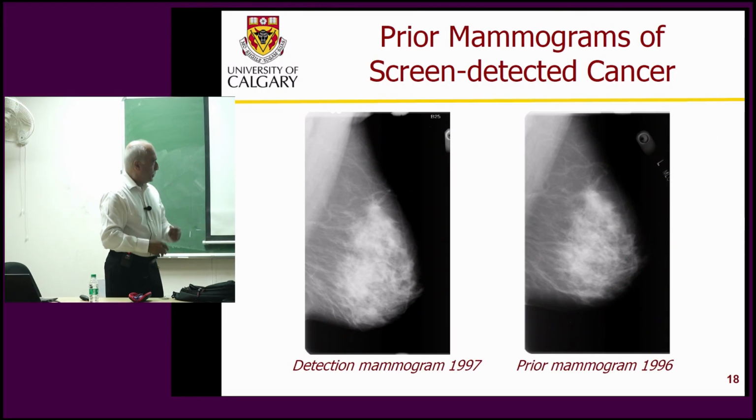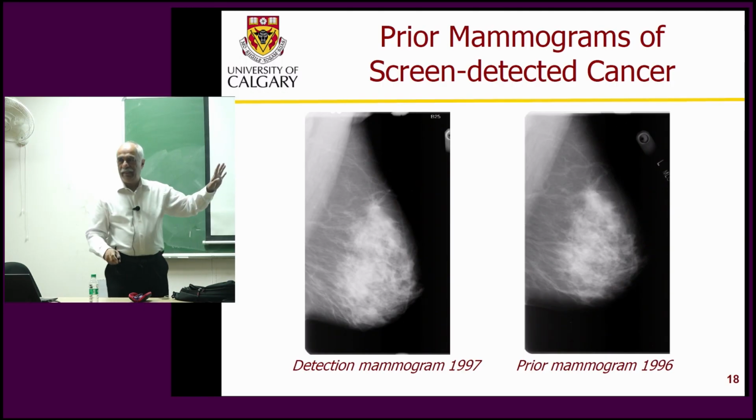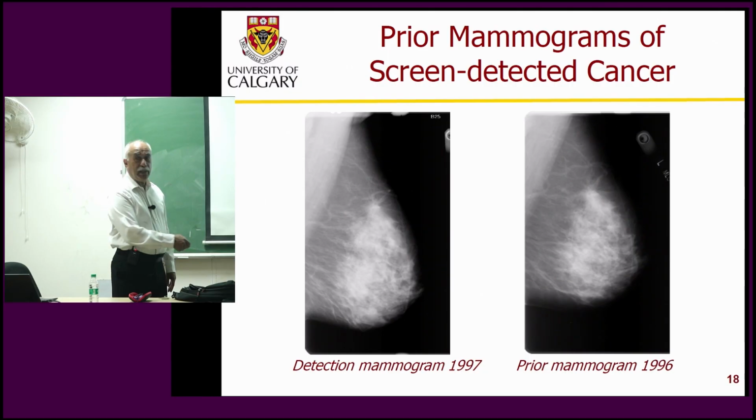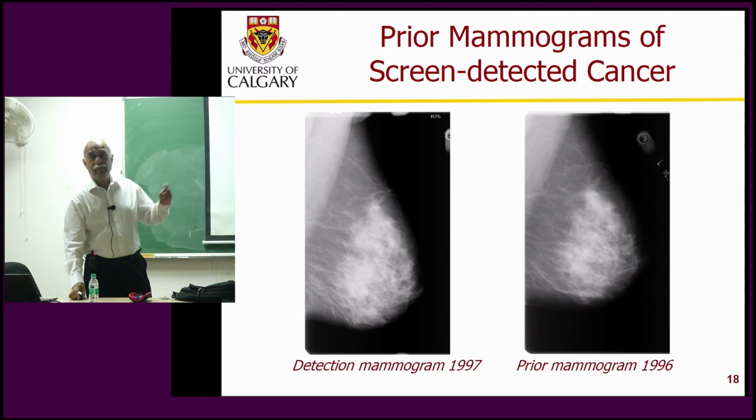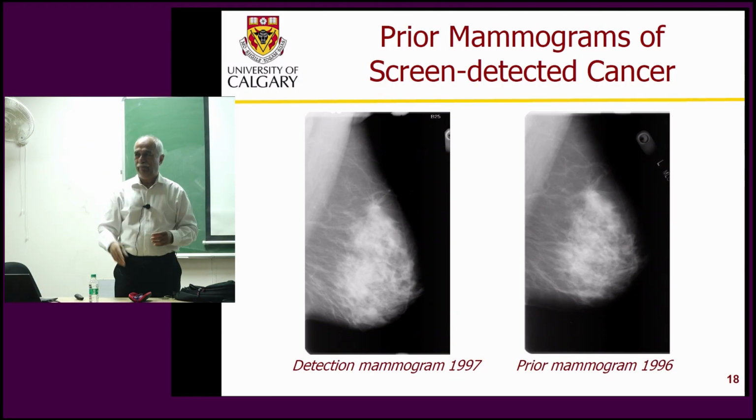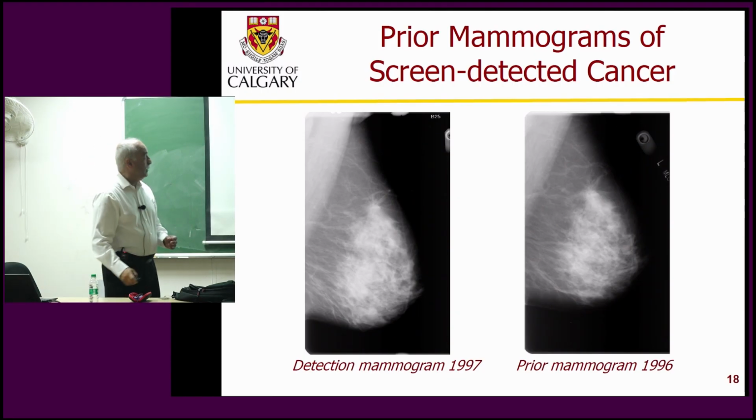So we took those, and here is an example. This is where architectural distortion was detected, and this is the mammogram 1 year before. There is something there. But at that time, that was considered to be not significant. Maybe that's why they said come in 1 year instead of 2 years. Or maybe the woman felt something is wrong and came and got another mammogram done.